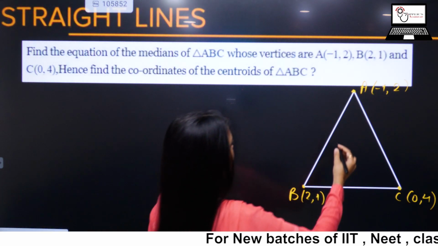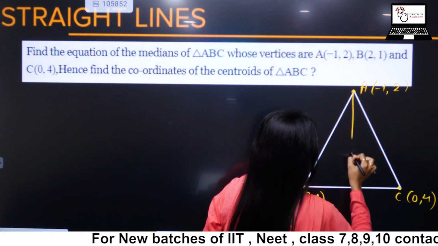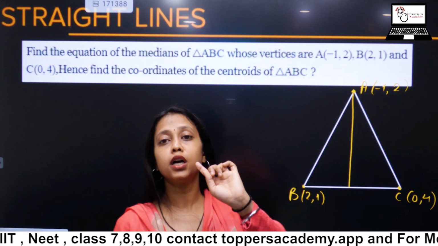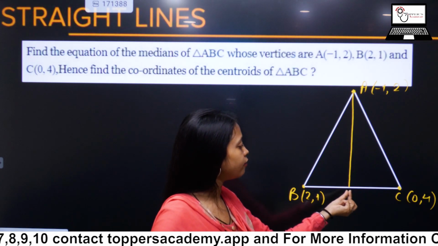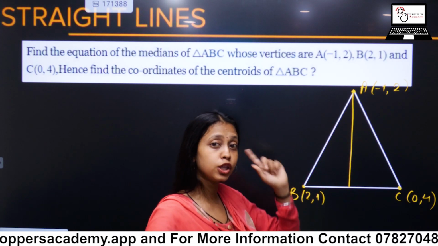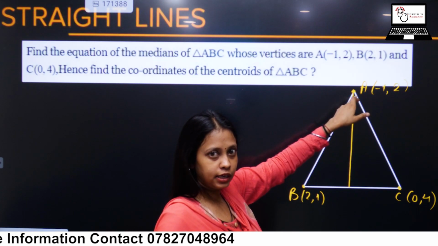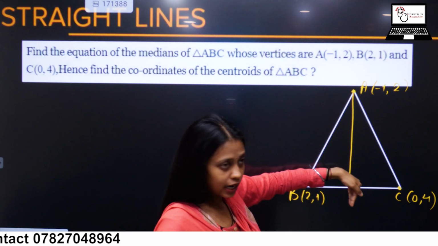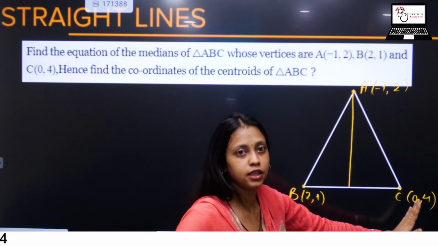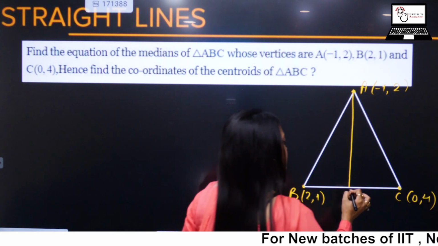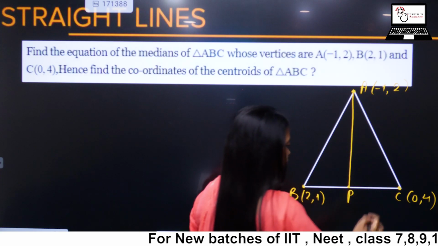So, median means from a vertex, you make a line that bisects the opposite side. So, from point A I have to draw a line which bisects the opposite side, right? This is the midpoint, P, let's say.